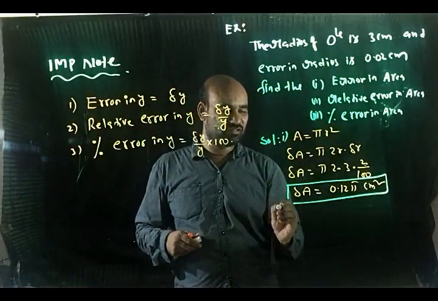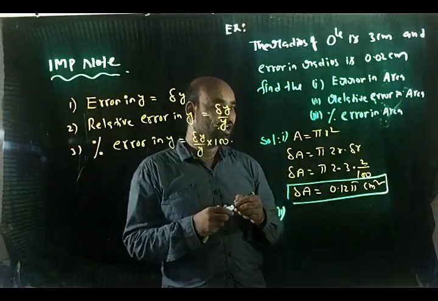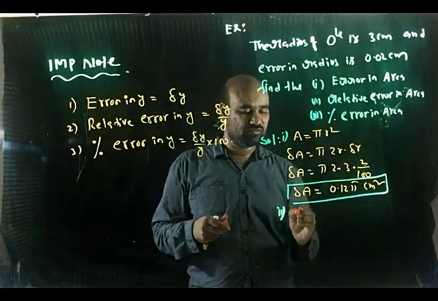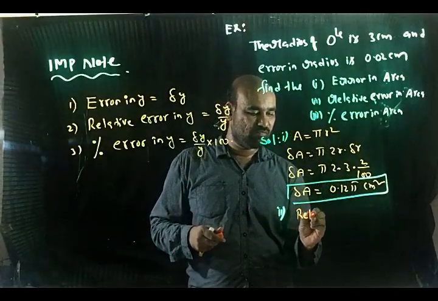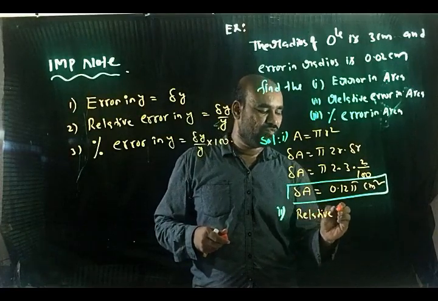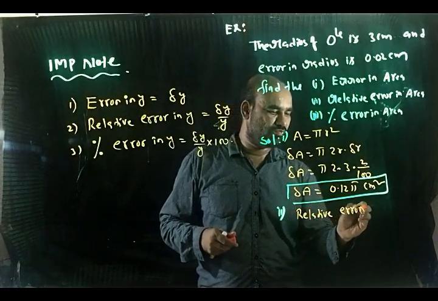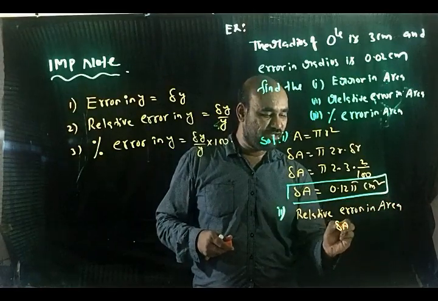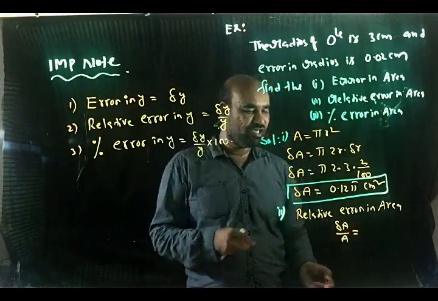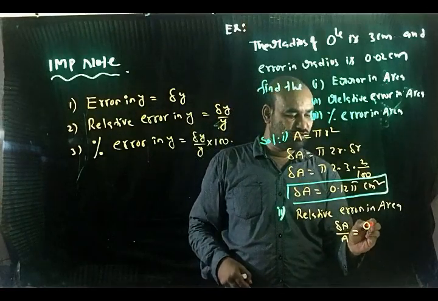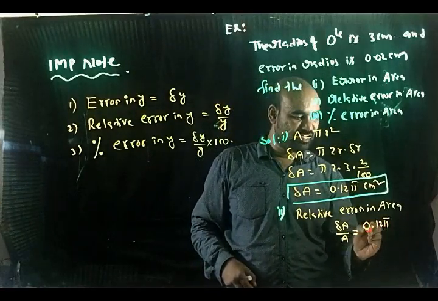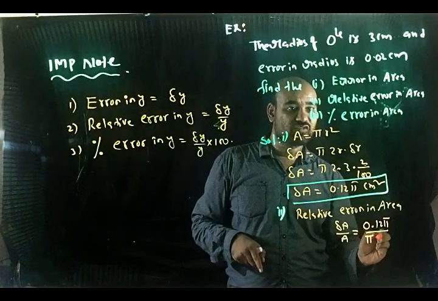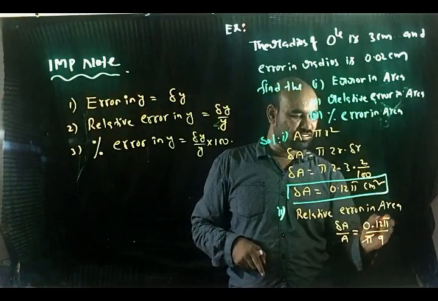Part 1 completed. Part 2. Relative error in area. Delta A by A. Delta A means 0.12 pi by A means pi r square, r square means 9. This pi cancelled.